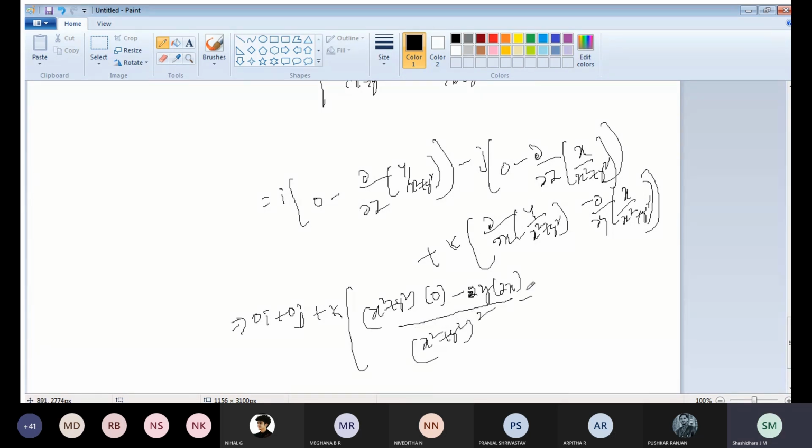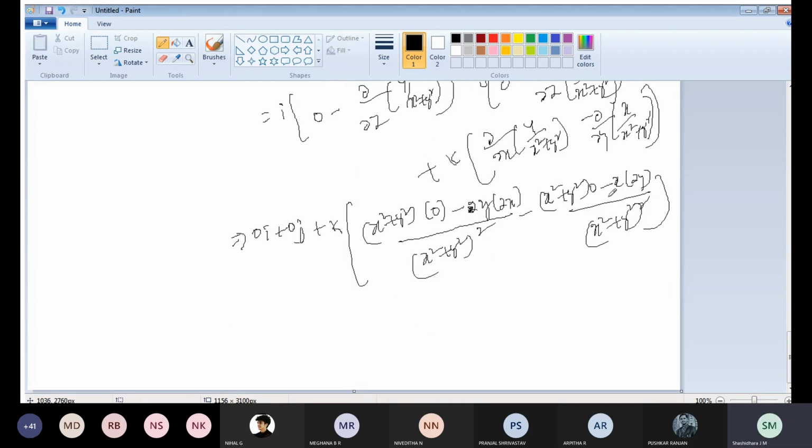Similarly here also, with respect to y means x is constant. x square plus y square into 0 minus x into 2y, by x square plus y square whole square. Now let us simplify this coefficient of k. So you will get minus 2xy and plus 2xy, because here minus 2xy is there, when you are multiplying by this next term's plus. So here already a negative sign is there, so minus 2xy plus 2xy you will get.